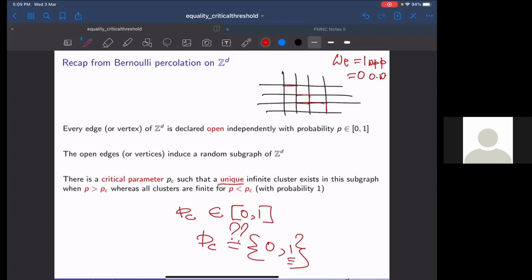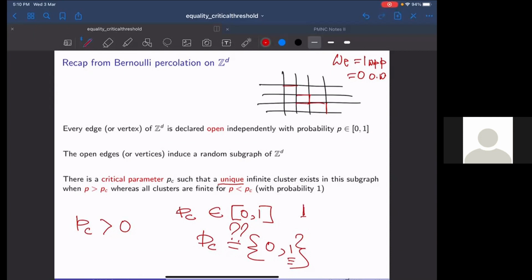For the side where you would like to prove p_c is bigger than 0, this turns out to be very easy. As you have already seen, let me repeat the argument: it is essentially a simple energy-entropy argument, which is so ubiquitous in this kind of field.